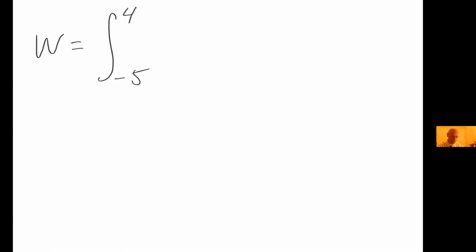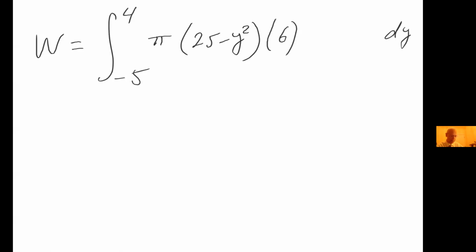The volume that was pi r squared, which is 25 minus y squared, delta y, I'm going to put a dy at the end. Then we multiply that by 6, that is the weight. And we said that the distance that every slice has to travel is 5 minus y.